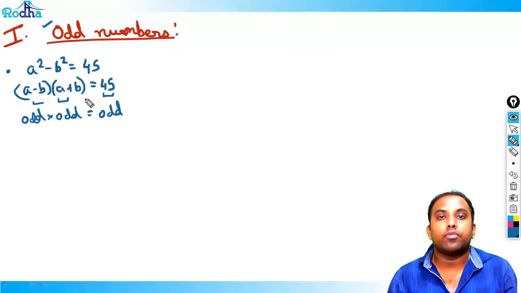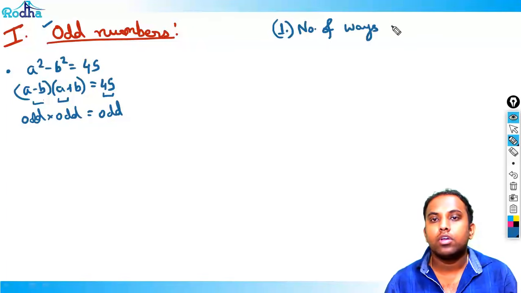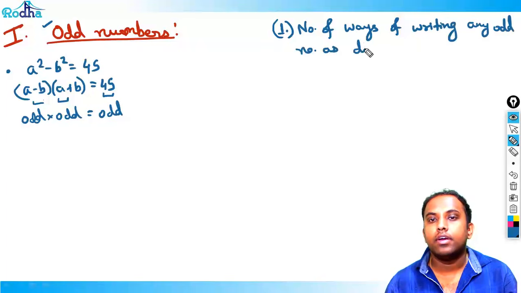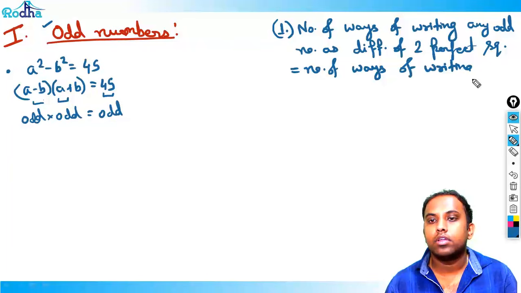That means as a difference of perfect squares, how many ways? The first way is: the number of ways of writing any odd number as a difference of two perfect squares is equal to the number of ways of writing that number as odd into odd.